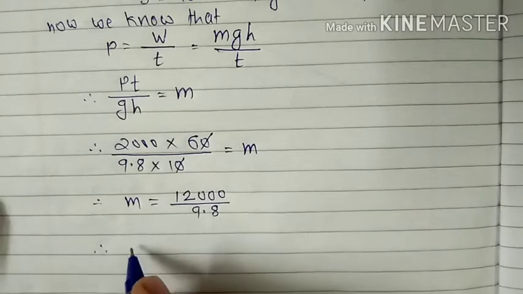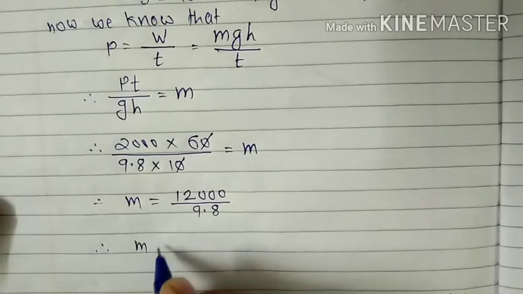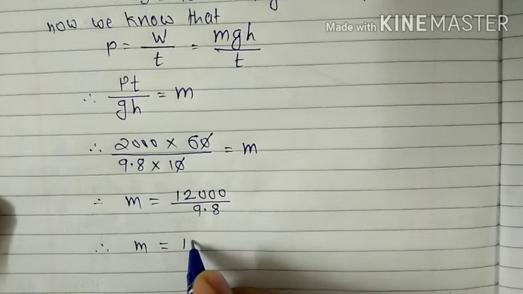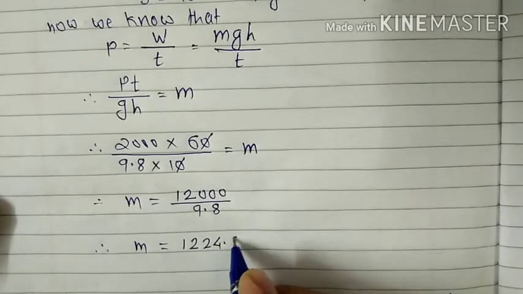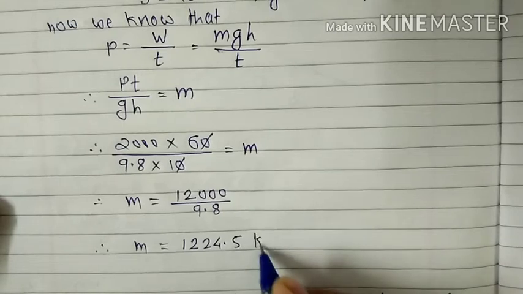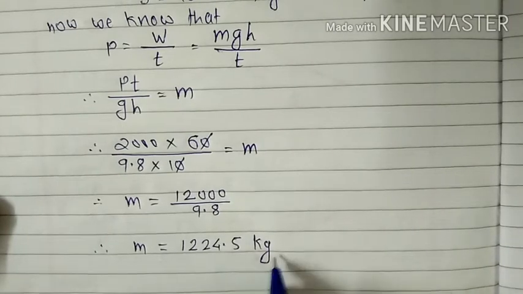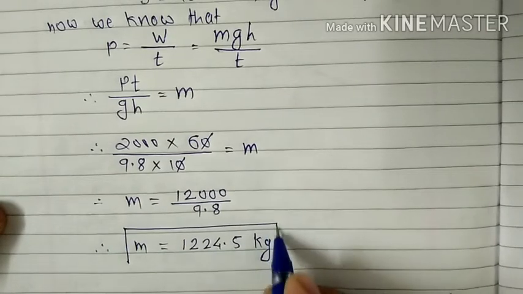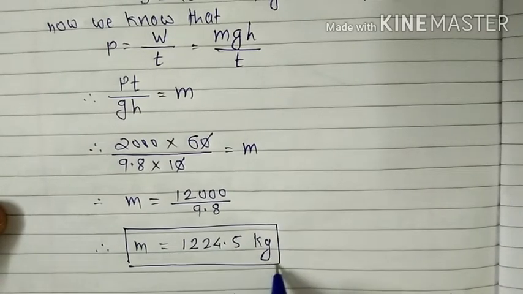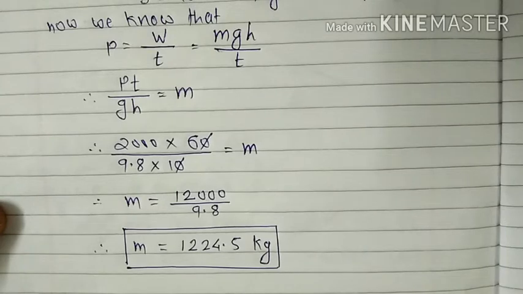Therefore m is equal to 1224.5 kg. mass है, that is why unit is kg, or you can say the kilogram. Let us see the next example.